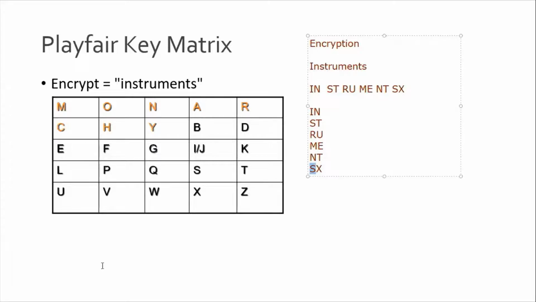So let's start with the example of mapping it with this key. We have the first plain text characters, that is I and N. So we will look at our matrix and check where I and N are. We have seen that they are here and here. We can see these both characters are not in the same row or the same column; rather, these letters are in different columns and different rows.